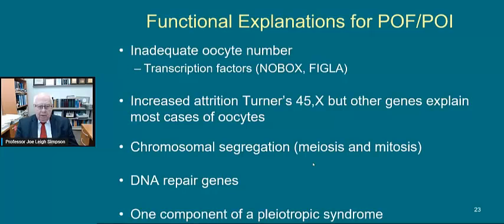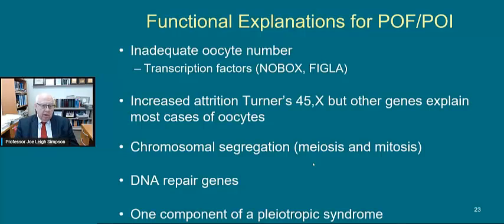The assurance that we have at least the optimal number at a point in time requires the transcription factors we have identified. For illustrative examples, we have noted Nobox and Figla, but there are others, as we have seen here.